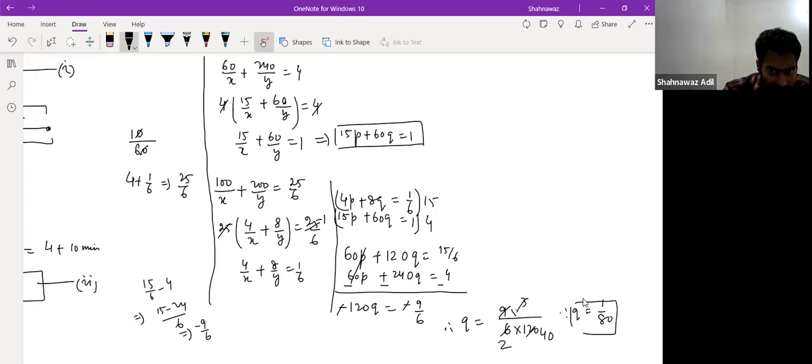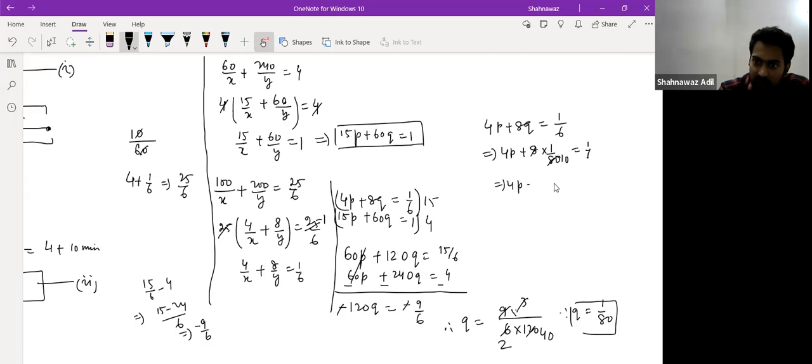Now 4P plus 8Q is 1 by 6, so 4P plus 8 into 1 by 80 is 1 by 6. So 4P is 1 by 6 minus 1 by 10.